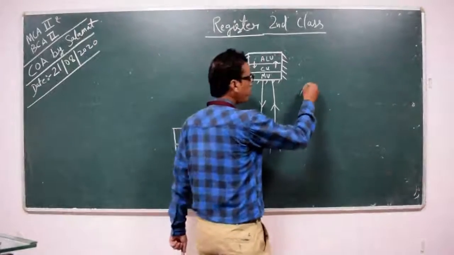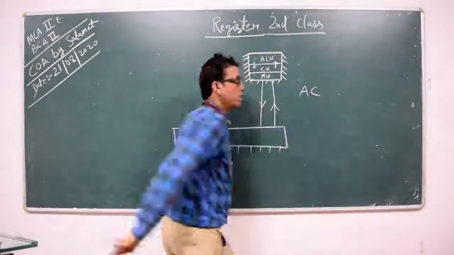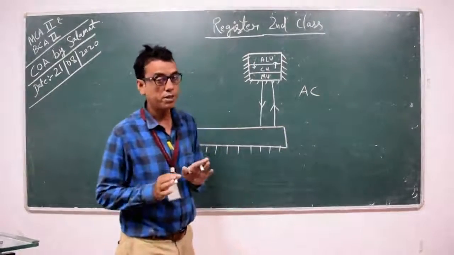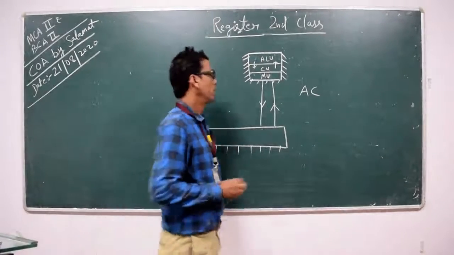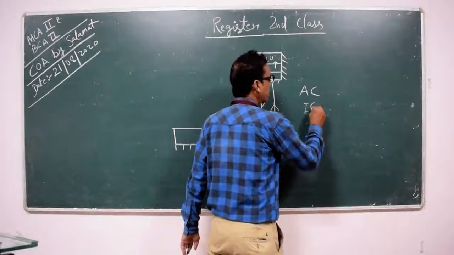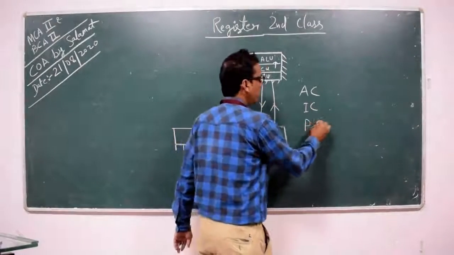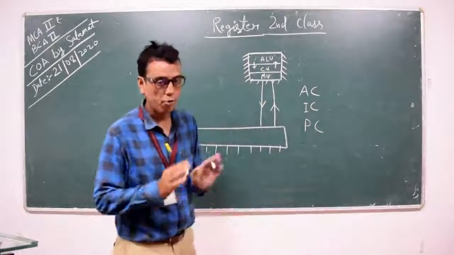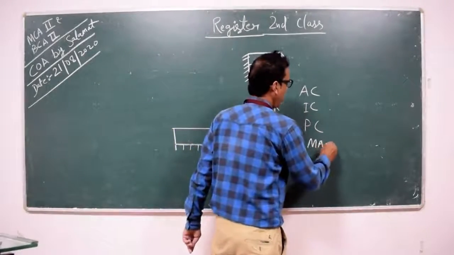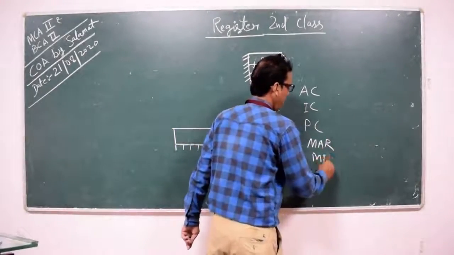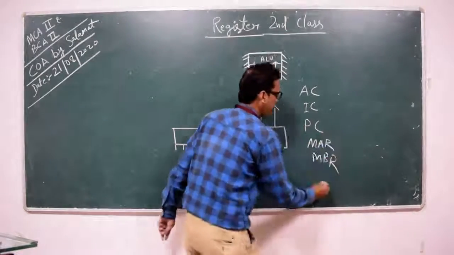The special purpose registers are AC, which is known as accumulator, IR, instruction register, PC, program counter, MAR, MBR, etc.